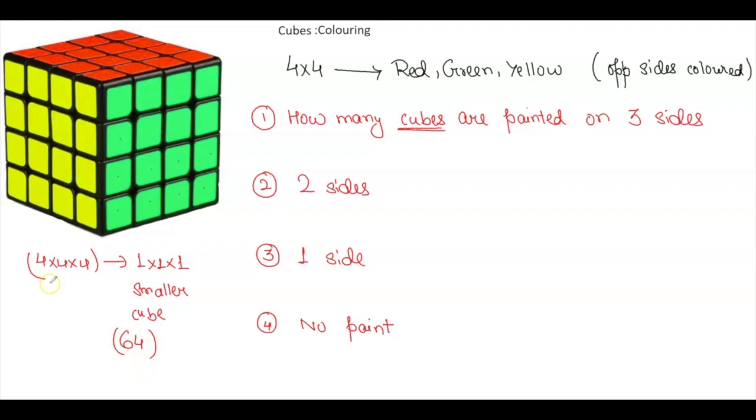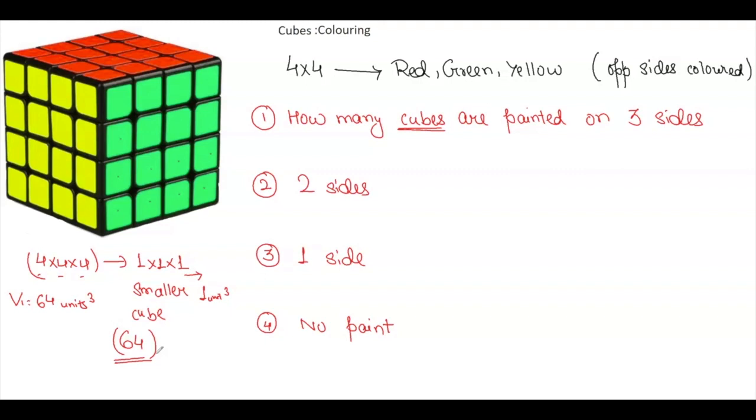How do I know this? If the dimensions are 4x4x4, the volume is going to be 64 units, and the volume of one such smaller cube is going to be 1 unit. So I would have 64 smaller cubes, since the volume of the entire cube does not change, right?